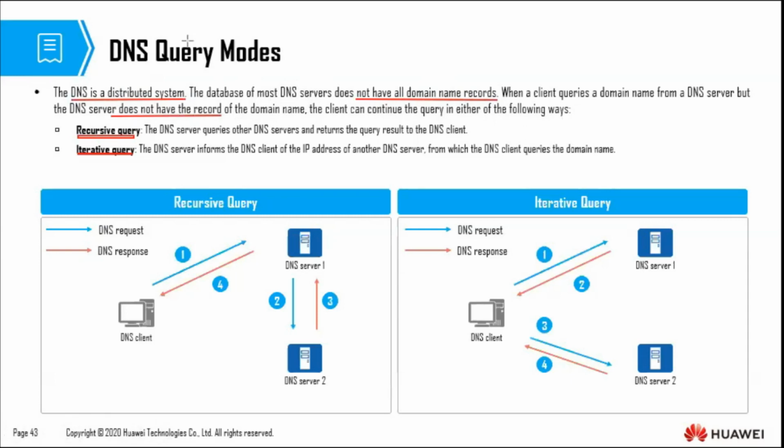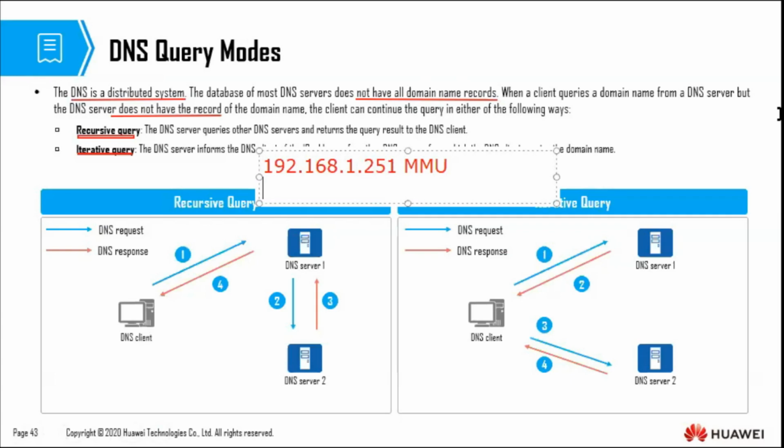So by distributed, it means at MMU, we have a DNS server. The DNS server is on, for example, 192.168.1.251. That's the IP address of the DNS server. So this is MMU.